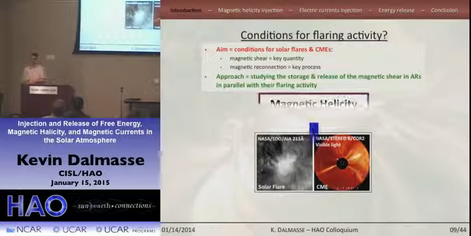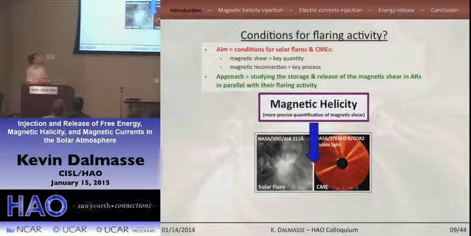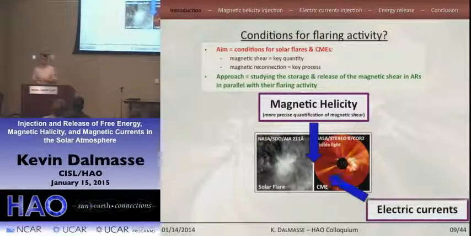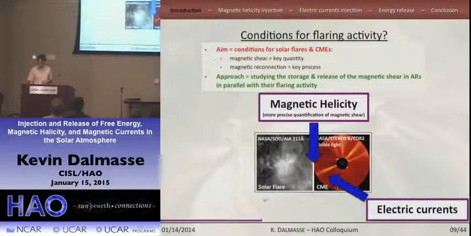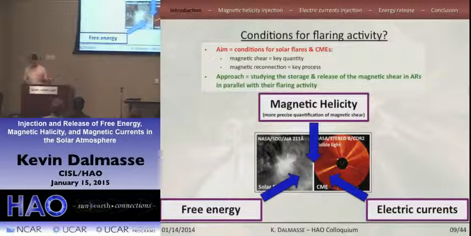And for that purpose, I used three quantities: magnetic helicity, which quantifies the global amount of magnetic shear in a volume; electric currents, which quantify the amount of shear locally; and free energy, which gives information on the magnetic shear in terms of magnetic energy.